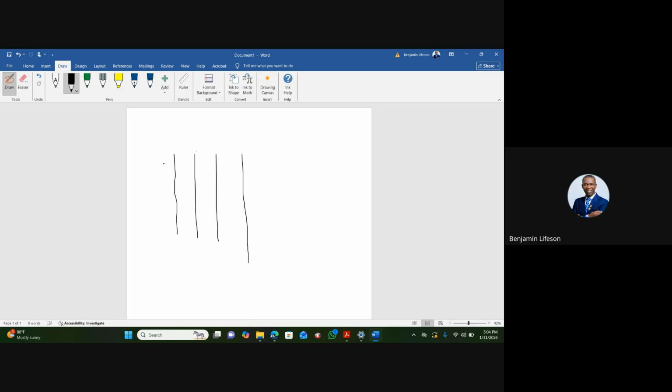Then we cross it this way, 1, 2, 3, 4. So these are the blocks. I'm drawing the blocks for you. So 1, 2, 3, 4.